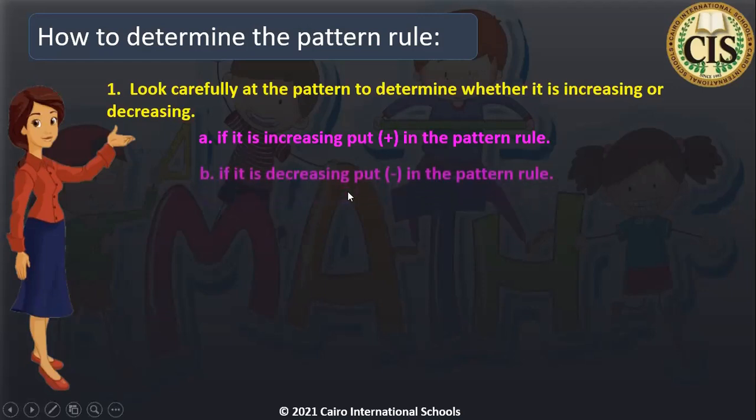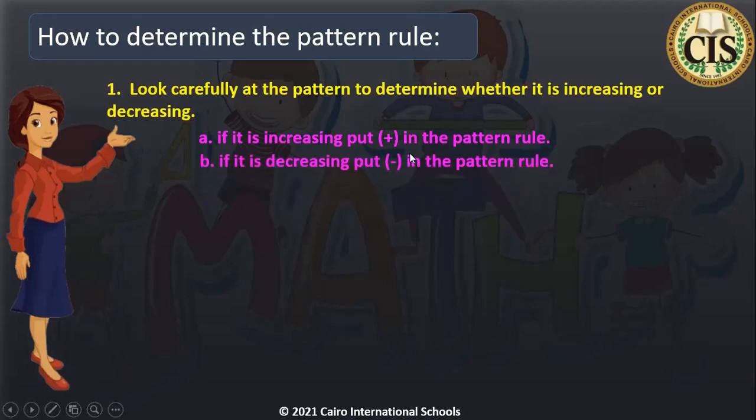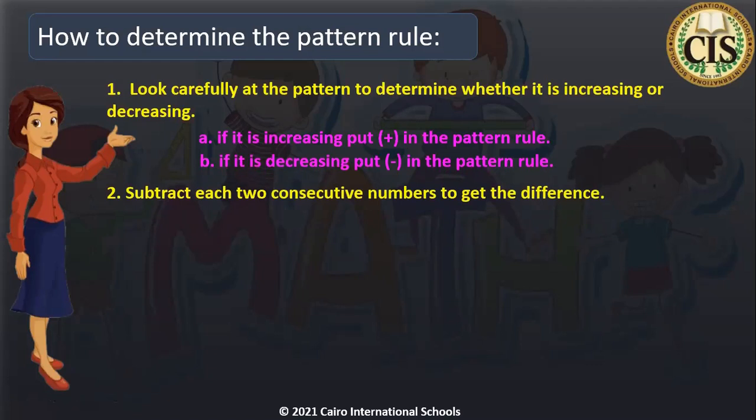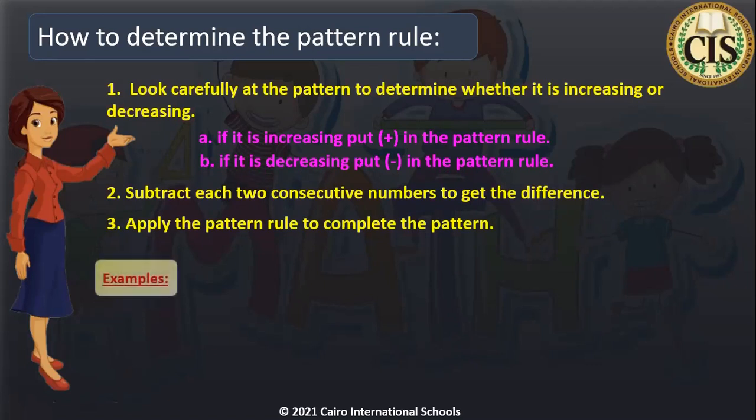But if the pattern is decreasing pattern, so each time we are subtracting, okay? Then subtract the first two numbers or each two consecutive numbers to determine the pattern rule, or the number increased or decreased, or the fixed number. Apply the pattern rule to complete the pattern. Okay, now look carefully at this example.